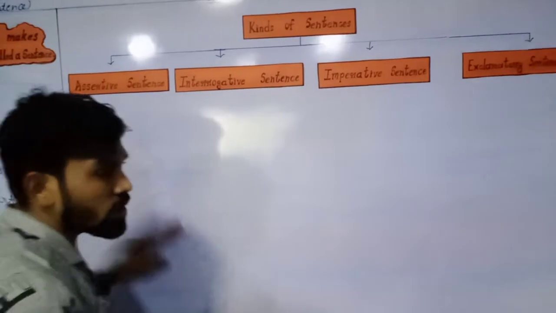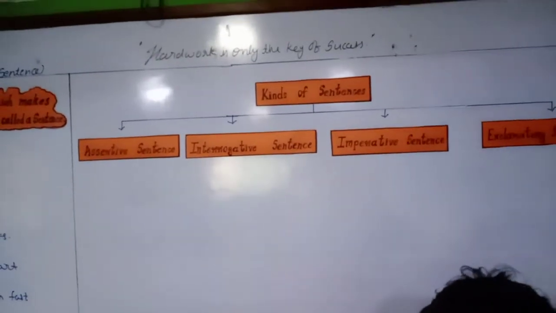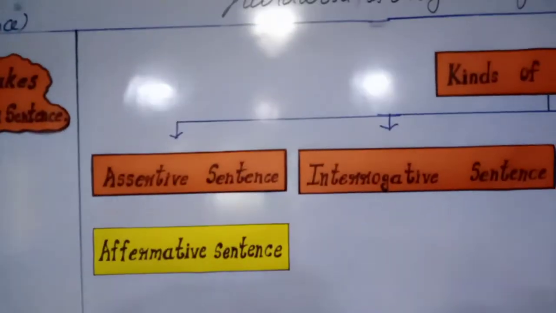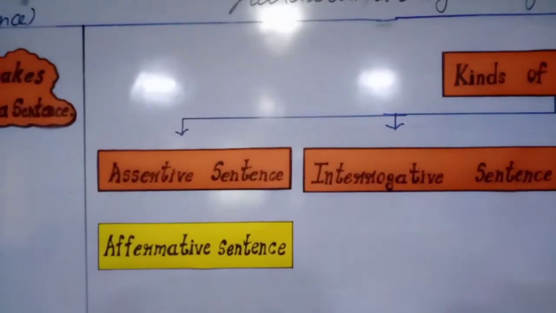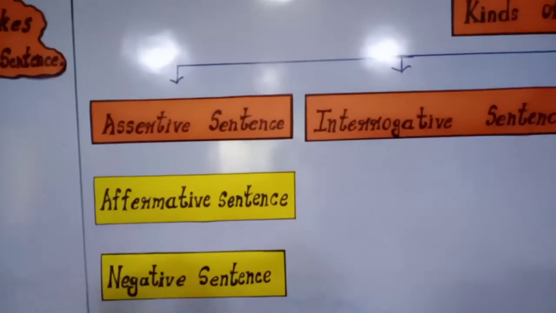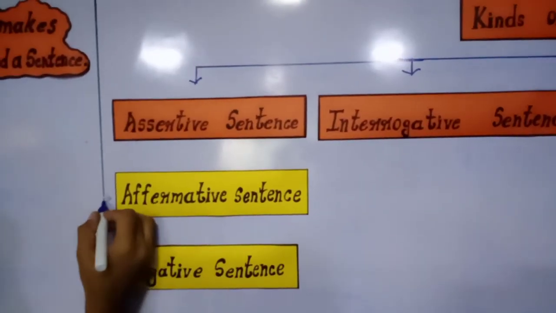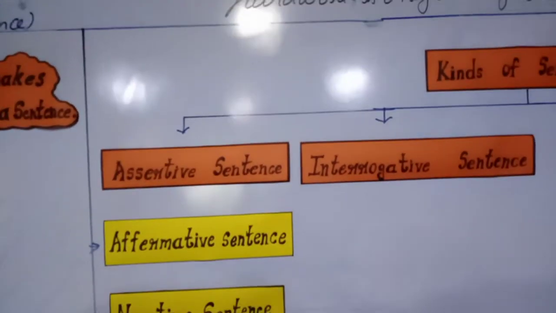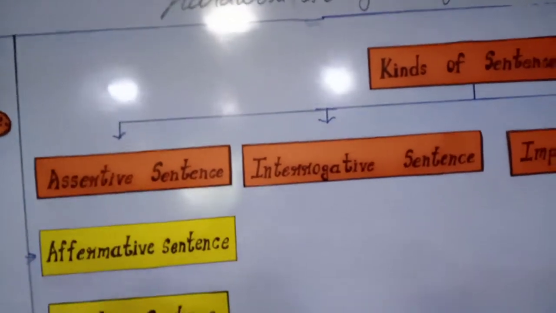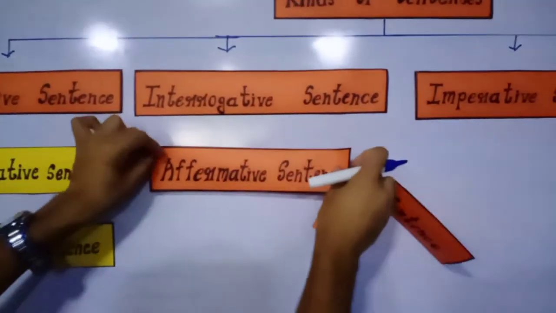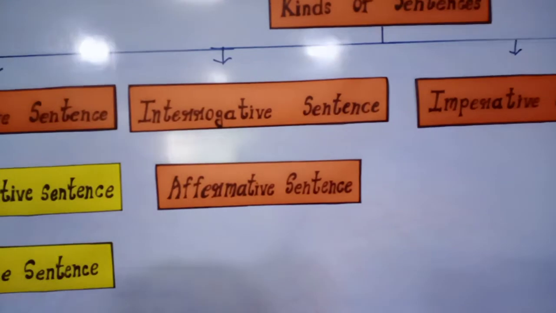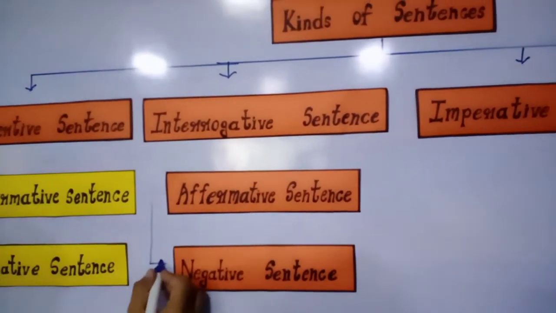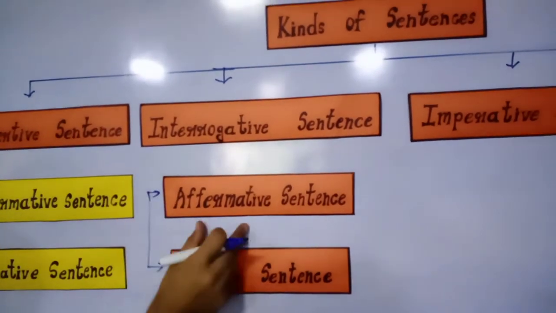Whenever we are talking about the assertive sentence, that could be an affirmative sentence as well as a negative sentence. The same way, the interrogative sentence can be both affirmative as well as negative.